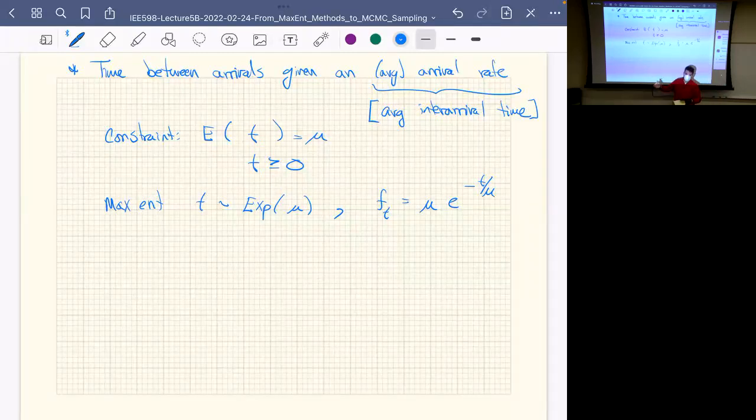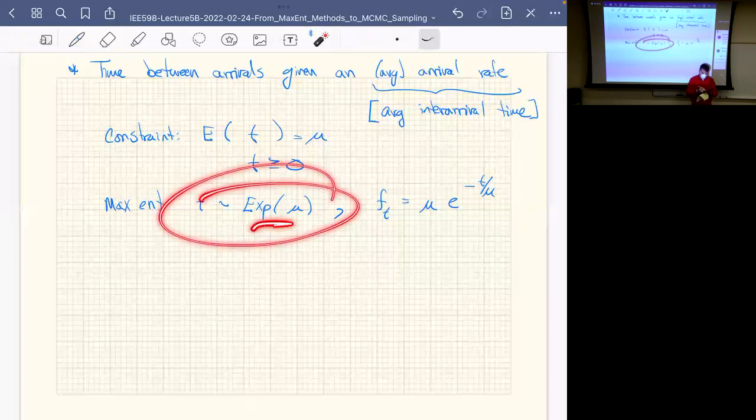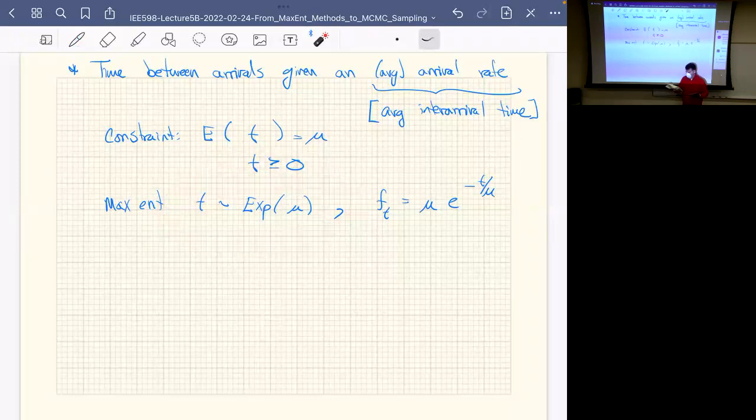The reason we choose the exponential is it's the least biased way we can model individuals where all we know is their arrival rate. If we chose any other way, even if it matched in the average arrival rate, we'd be inventing other characteristics of that distribution. So the MaxEnt is the most honest way for us to come up with a distribution that has the desired expected arrival rate or expected time between intervals.